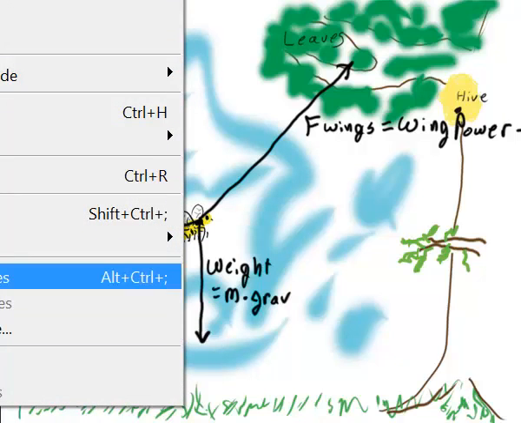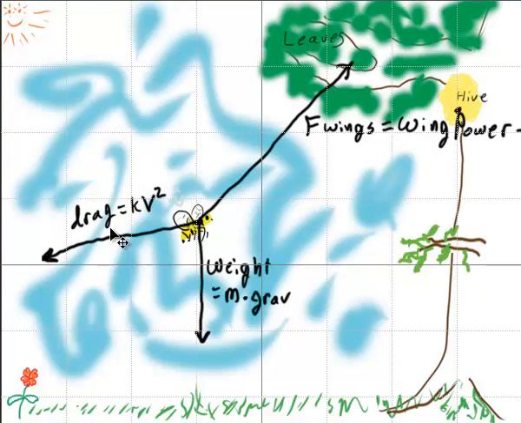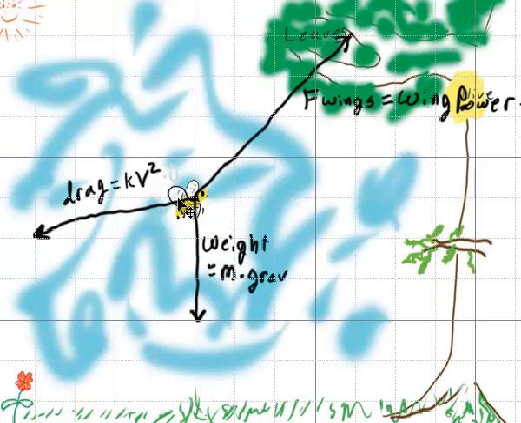One thing that we could do is put them all on a chart. Since we know that the weight of this bee is 1 micronewton, each side of each square represents a difference of force of 1/3 of a micronewton.